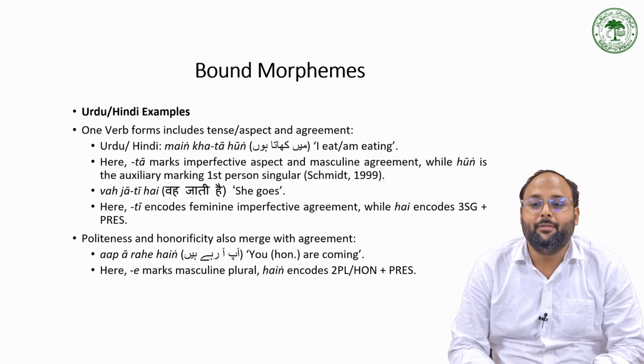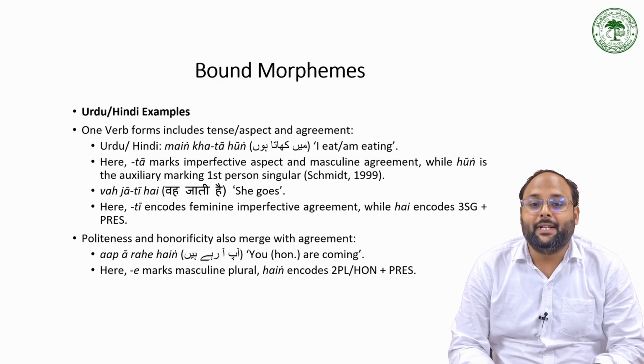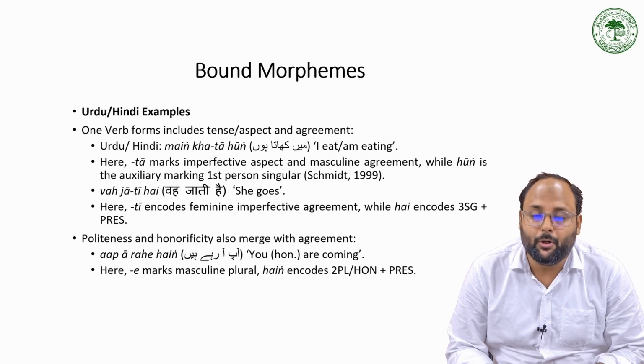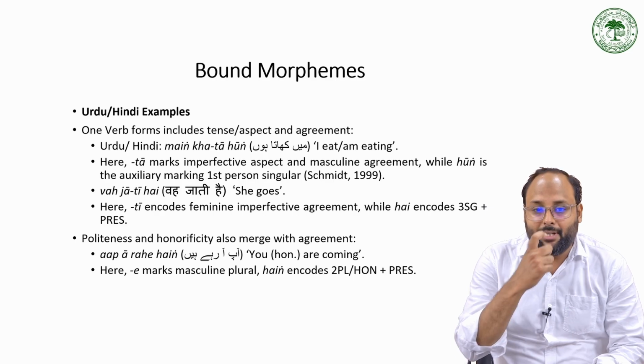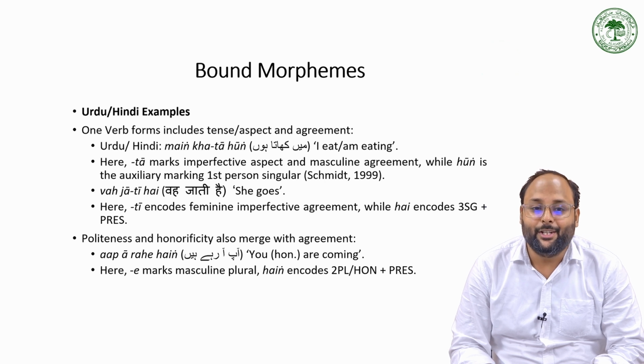In a similar way, we have the auxiliary "hoon". The auxiliary "hoon" also represents first person and singular. So there are two separate grammatical features represented by one morph "hoon". So we can say that these are two examples of portmanteau morphs in Hindi Urdu. And we have another example like "वह जाता है" and "वह जाती है". Here the "ti" includes feminine imperfective agreement.